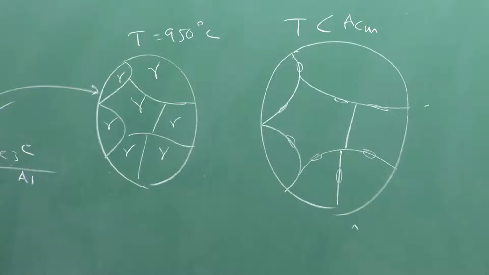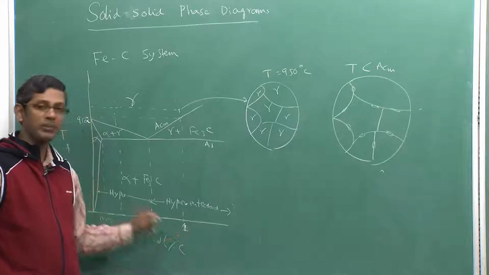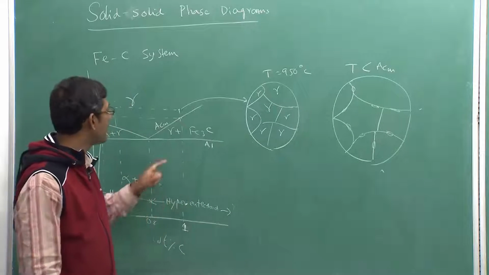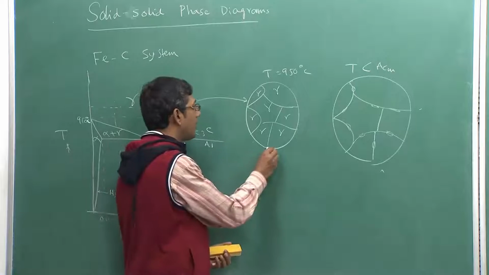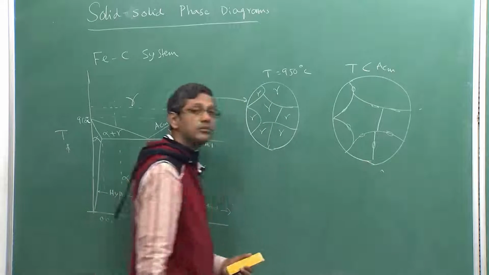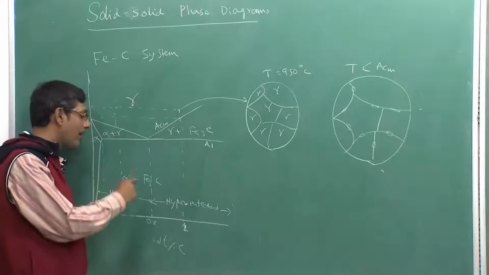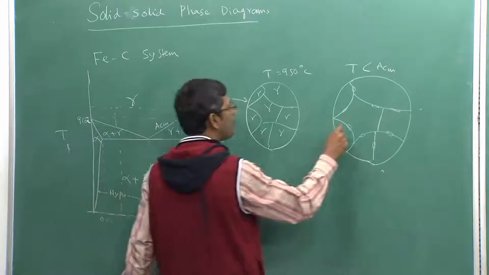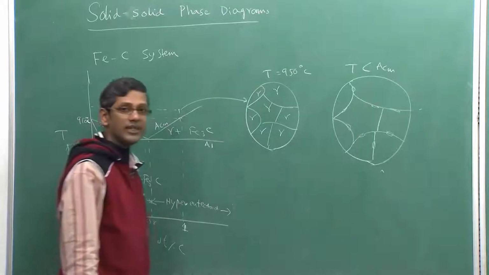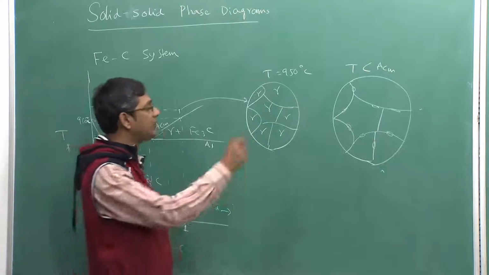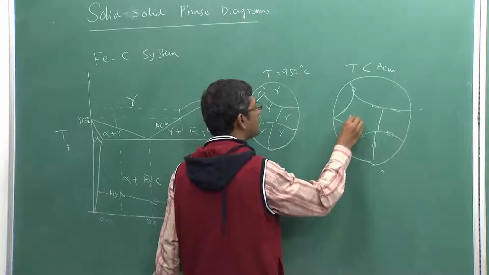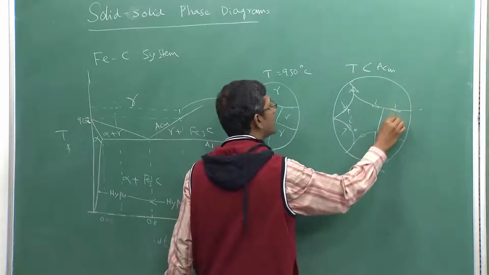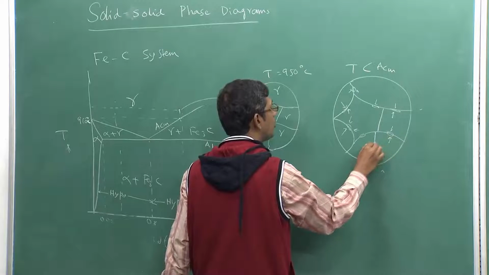If the alloy composition is 1% carbon, each of these gamma grains will have 1% carbon. On the other hand, cementite contains 6.67 weight% of carbon. The difference from 1 to 6.67% carbon is very large. So, to form this cementite, you need carbon diffusing from gamma grains to these places. Carbon should diffuse and reach these places for cementite to grow.